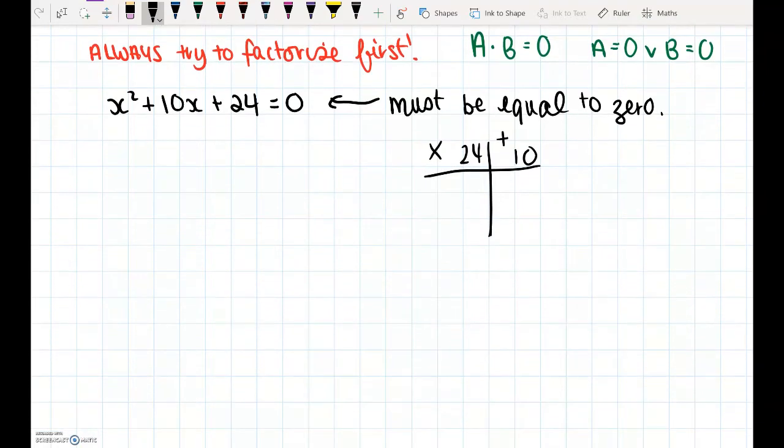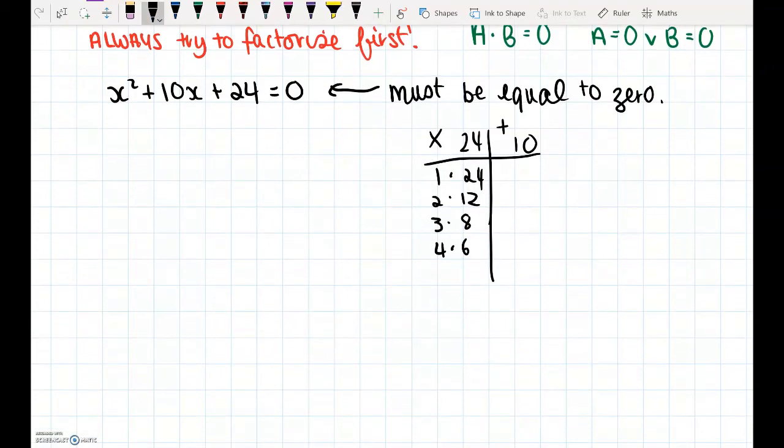Okay, so numbers that multiply to give 24, we have 1 times 24, 2 times 12, 3 times 8, 4 times 6. Okay, then we also have minus 1 times minus 24, minus 2 times minus 12, etc. I'm not going to bother doing all of those, okay, because in this case I know it's not going to be a negative one. All right, we have three positive terms, so we're not going to be using negatives.